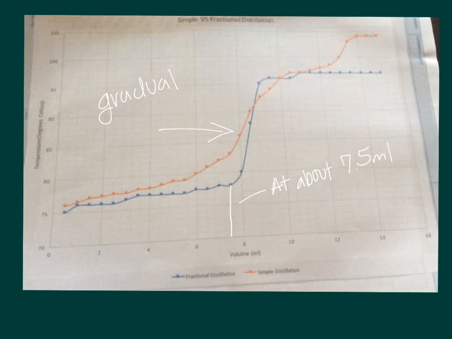And when it reaches close to 100, that's where we know that the distillate being collected is now water. Because of this drastic change, we can conclude that the distillate being collected from about 75 to less than 80 degrees Celsius is richer in compound A, which is ethanol, and has less of compound B, which is water.